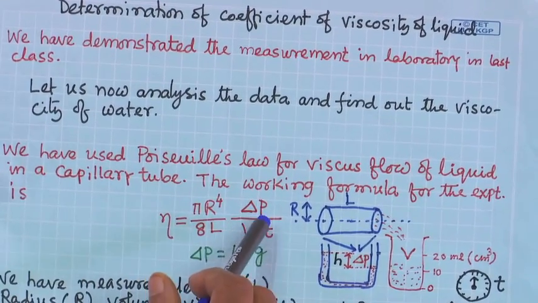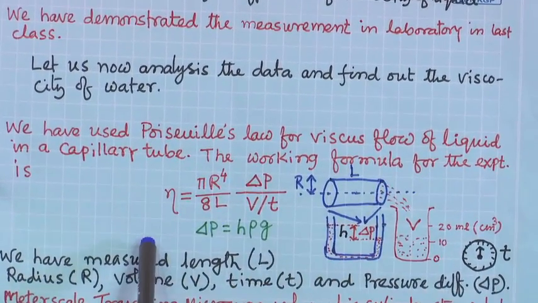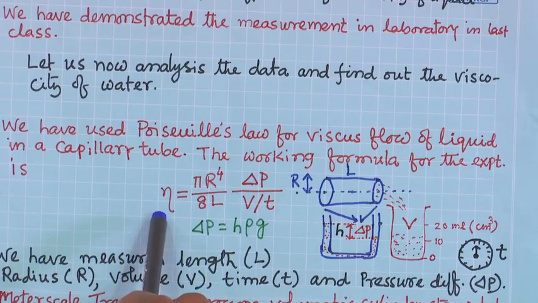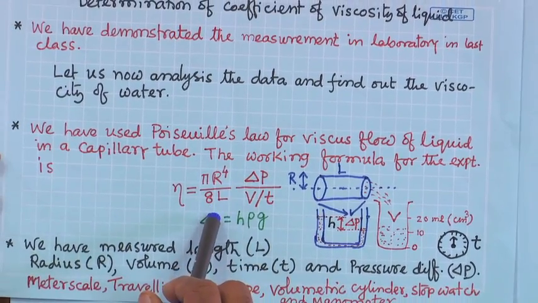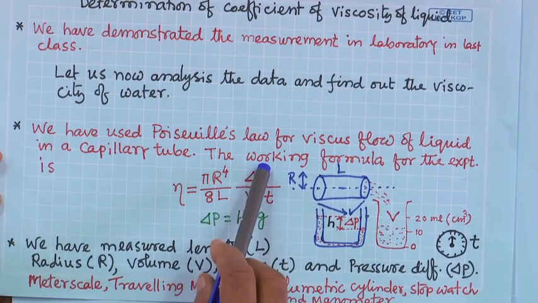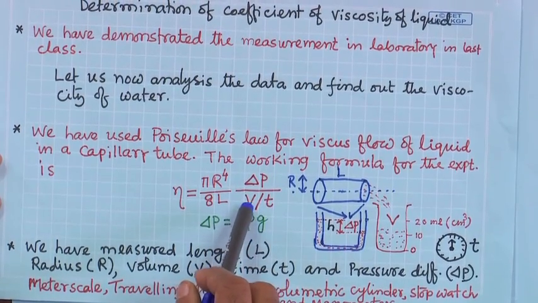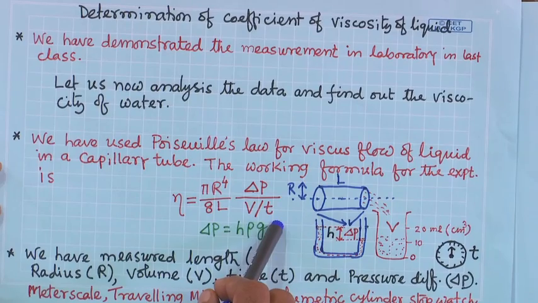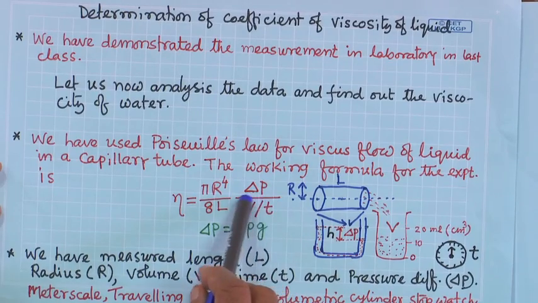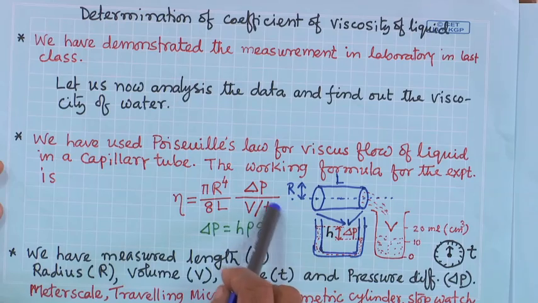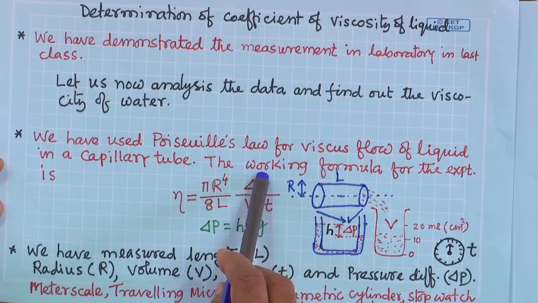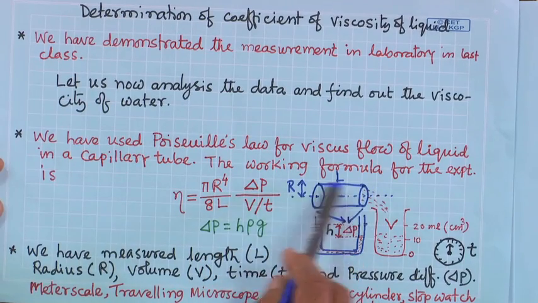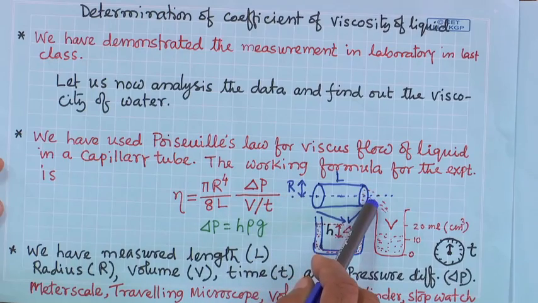The working formula for this experiment was basically eta equal to pi r to the power 4 by 8 L, times del P by V by T. So, this is the rate of change of volume for a particular pressure difference between the two ends of the capillary tube.